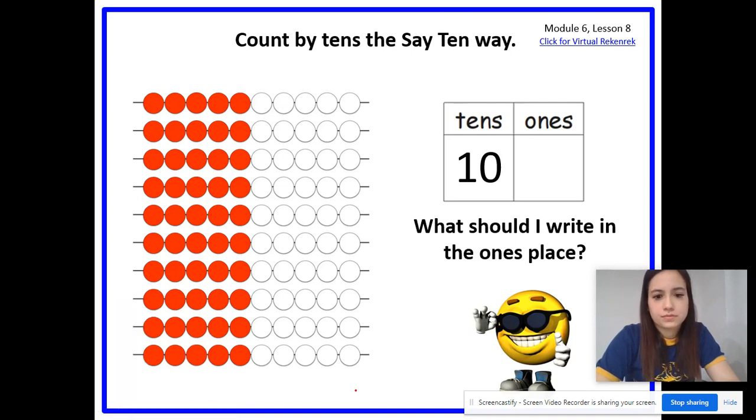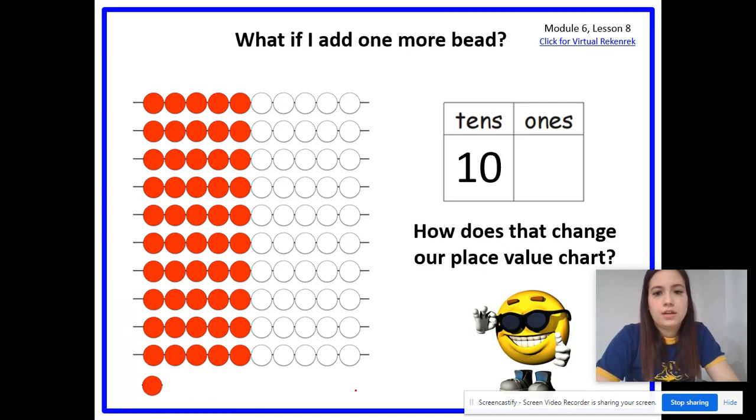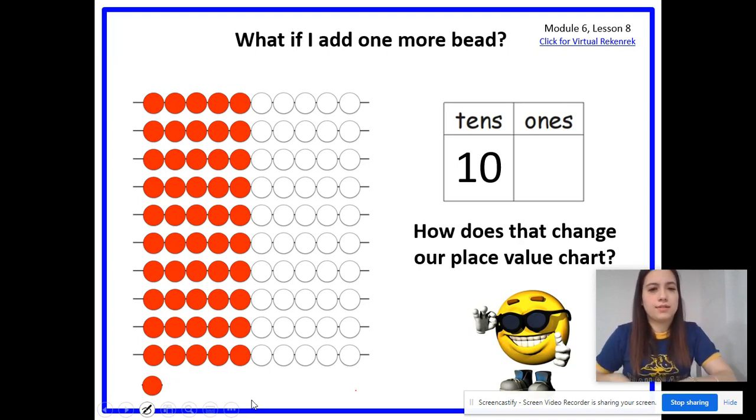Now, oh, look at what I just added down here, boys and girls. So, do I still have 10 tens? Get ready. Yes, I do. But I also have, get ready, 1, right? So how did that change our place value chart?